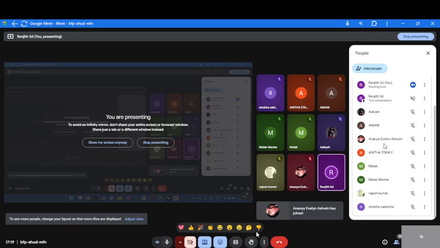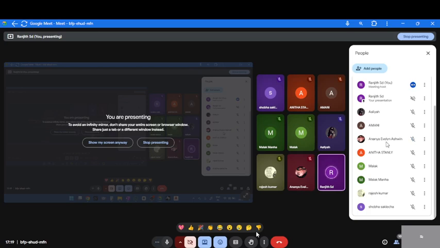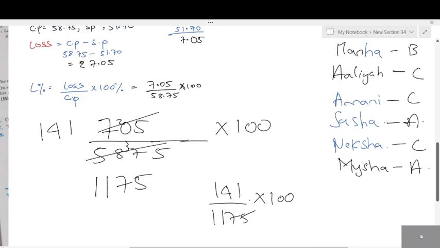Okay, what is the name of the student who joined now? Is it Ananya? Were you there yesterday, Ananya? Did you attend? Okay, did you go through the recording which I sent in the group? Okay, so I've started the profit, loss, discount chapter. Do you know profit, loss, discount?